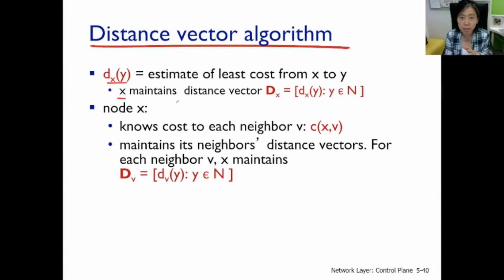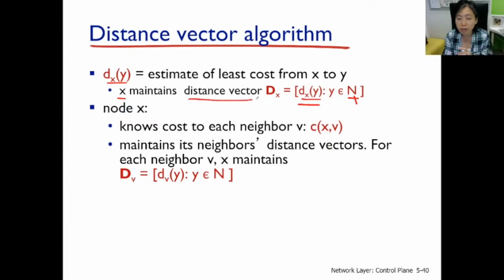A node is going to maintain the shortest distance from itself to every possible destination existing in the network. Capital N here is the set of the nodes in the network. So we do have multiple values of these dxy, because there are multiple values of y. Each of these values is the shortest distance to a destination in the network.